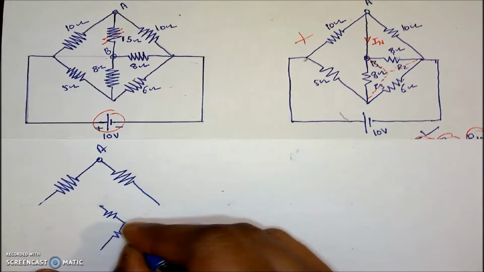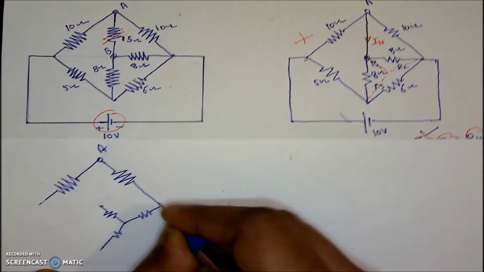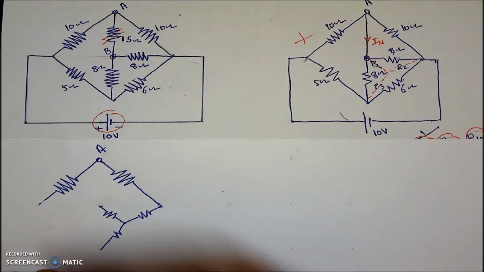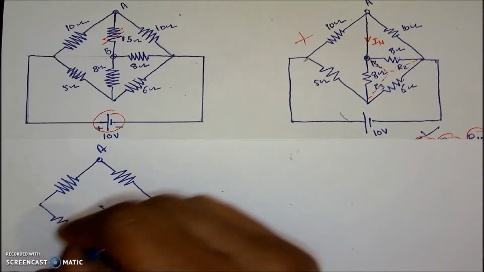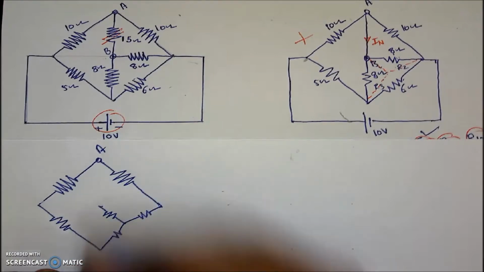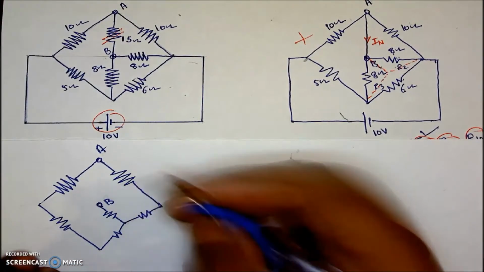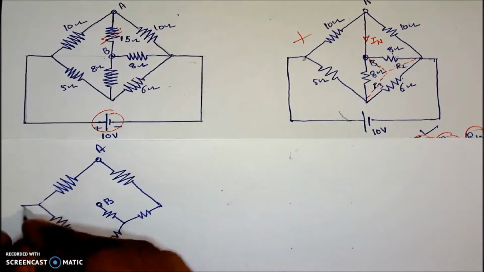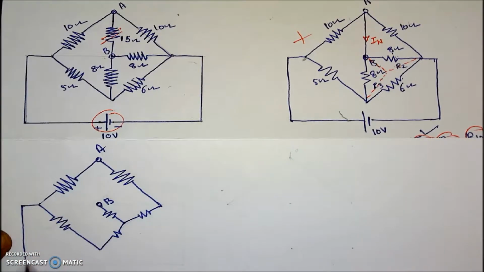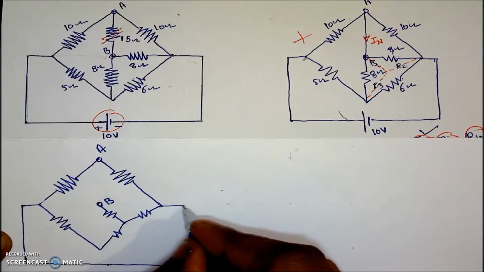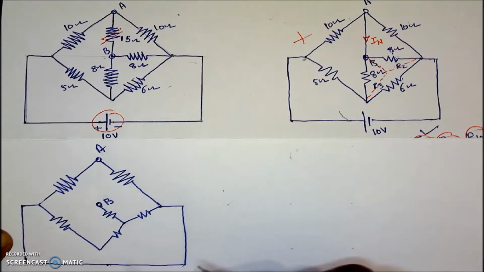This point is the B point. At the same time, the source is replaced by its internal resistance, which is 0 in this case.